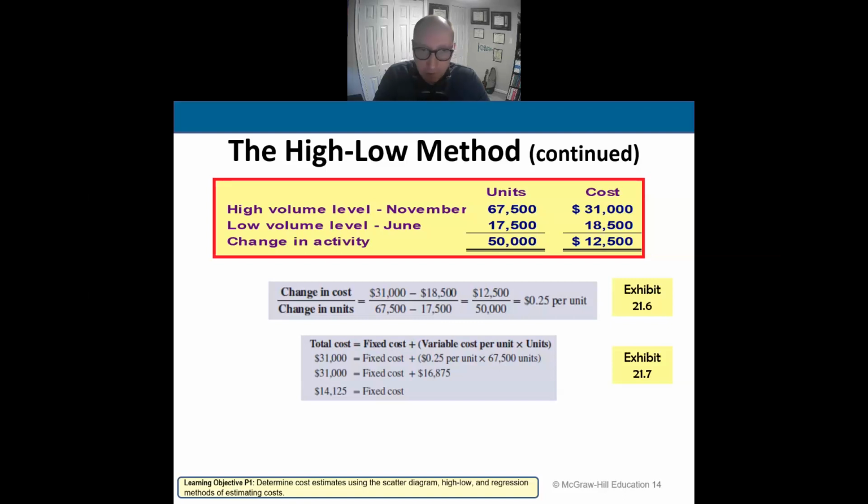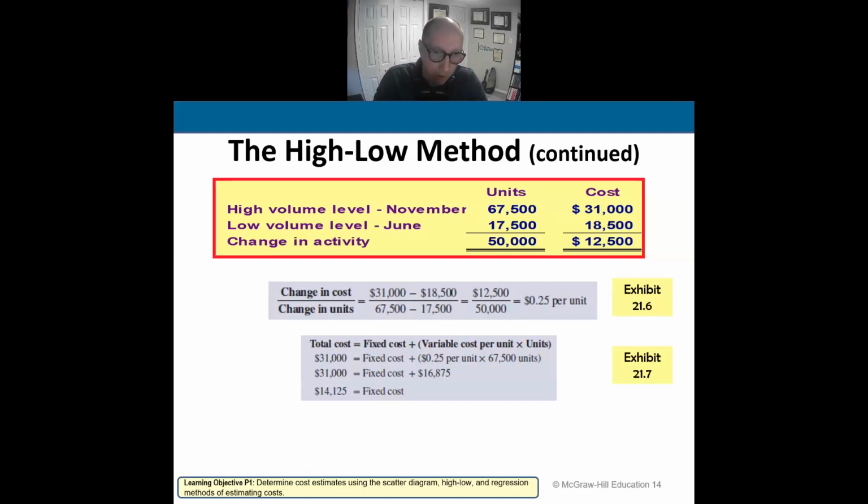Remember, we're looking for fixed cost, plus variable cost per unit change, 25 cents. 25 cents per unit change times high number of units, 67,500. That gives me a total variable cost change of 16,875.